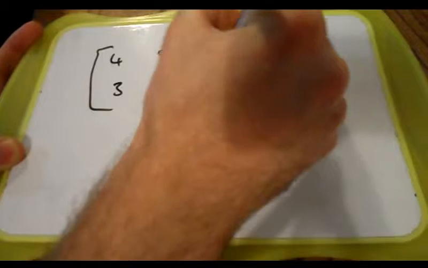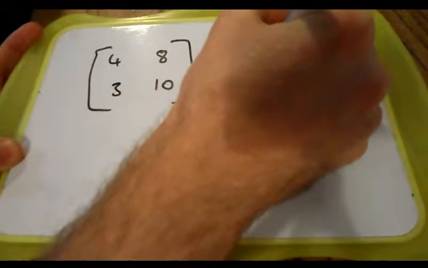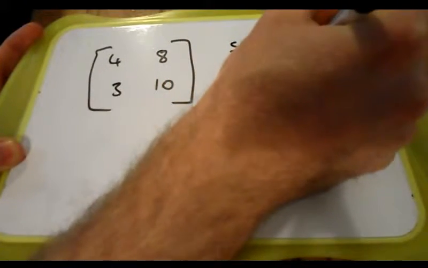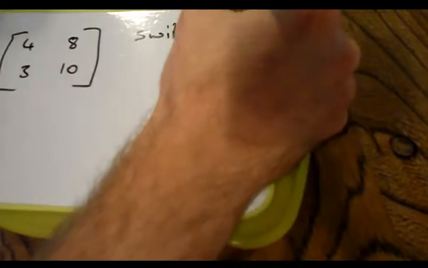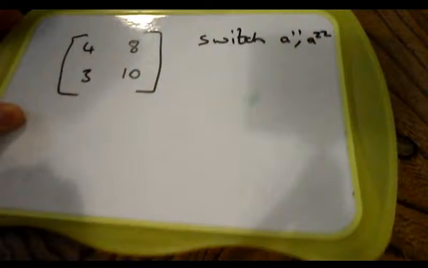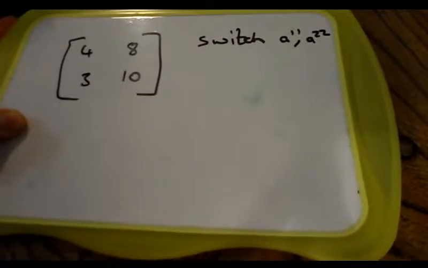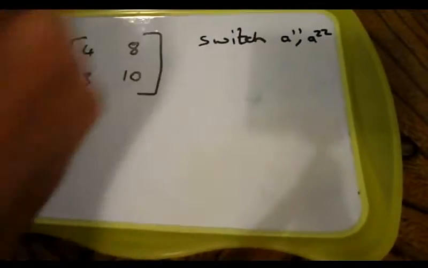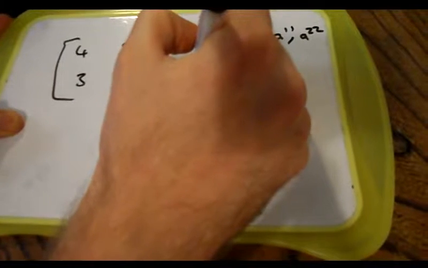So we're going to switch A11 and A22, and we're going to multiply A12 and A21 by minus 1.